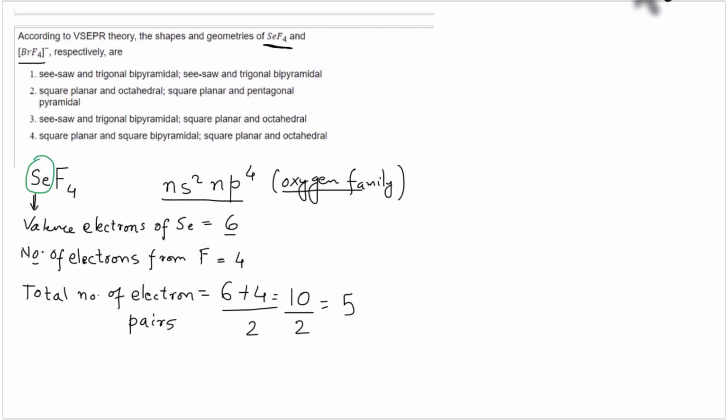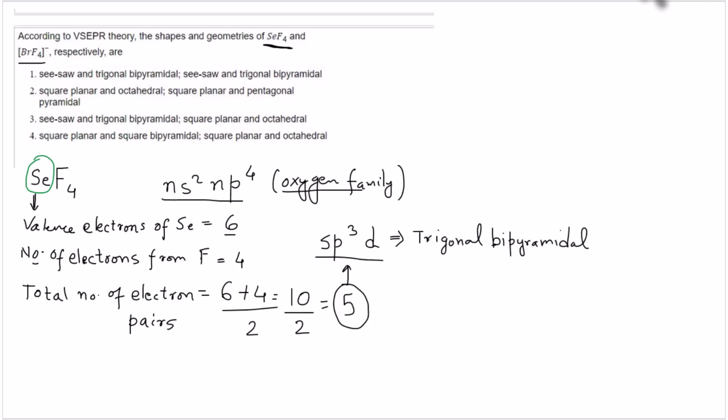And if the electron pairs are 5, then which hybridization does it belong to? It corresponds to sp3d hybridization, which has a regular geometry of trigonal bipyramidal.